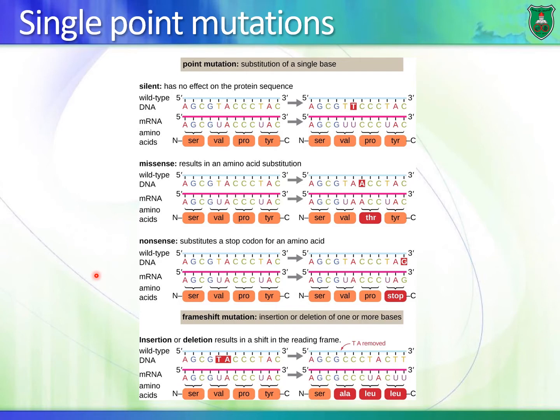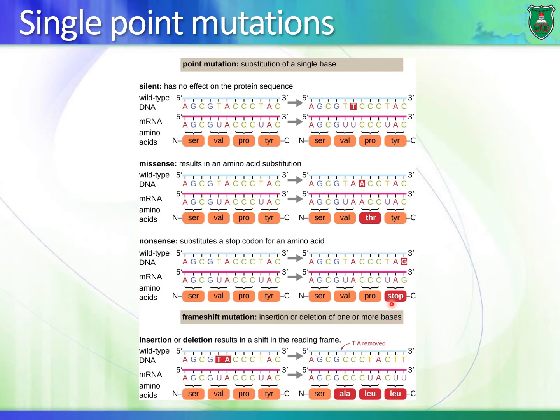Well, how about nonsense mutations? Are they significant? Well, it depends. If the insertion of a stop codon occurs at the end of a protein sequence, then there should be little effect. But if it is created at the beginning of a protein, then you will have what is known as a truncated protein.